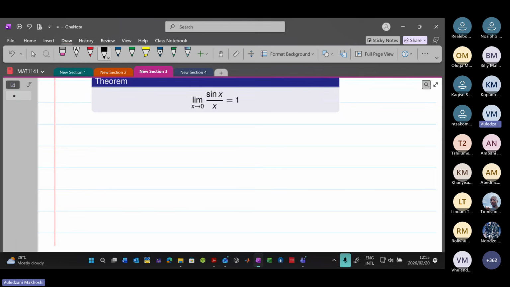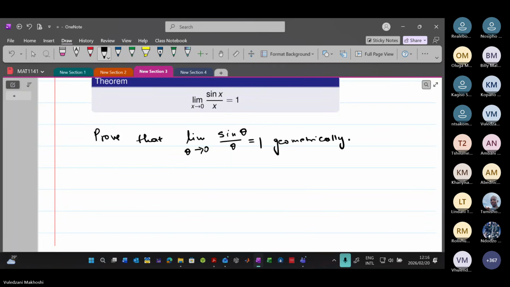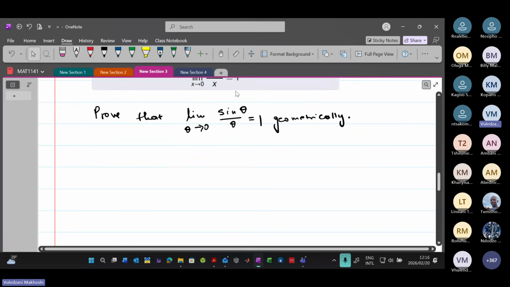So we want to prove that the limit of sine theta over theta when theta is approaching 0 is equal to 1. I want to prove this geometrically.